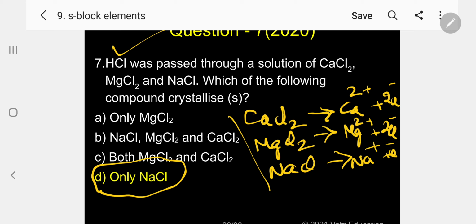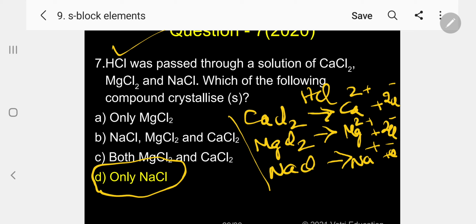When you dissolve in water, a solution of calcium chloride means it is put in water, and we are passing HCl gas. This comes under solubility and solubility product.